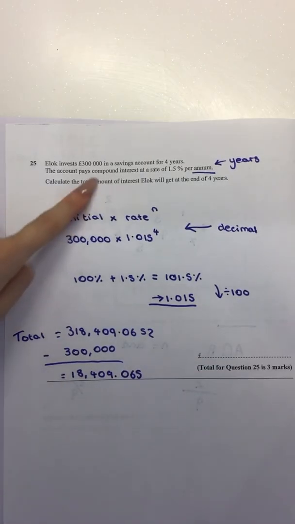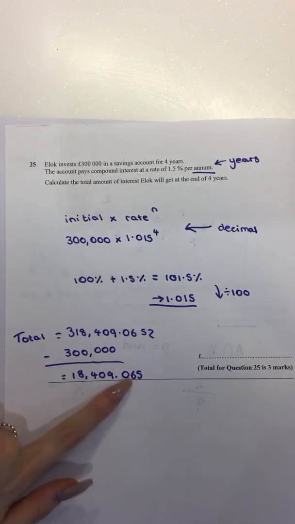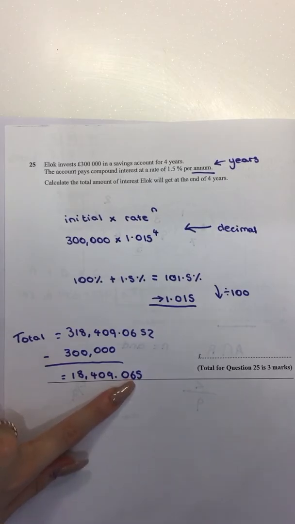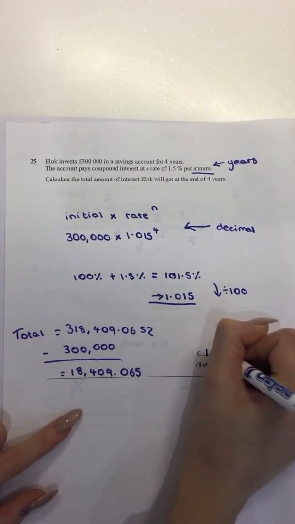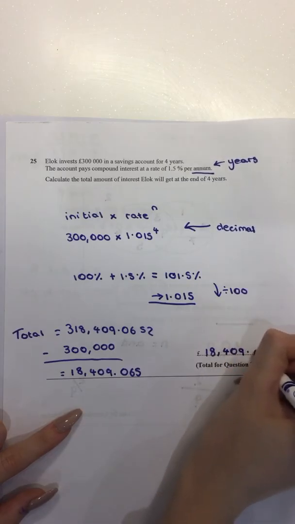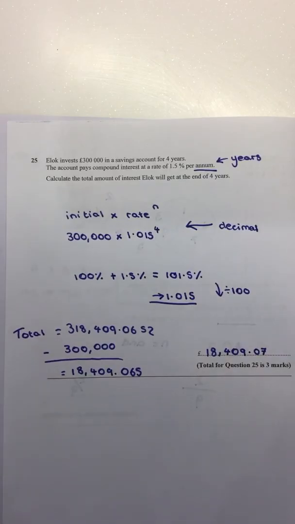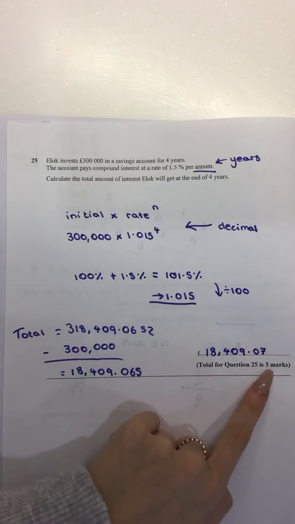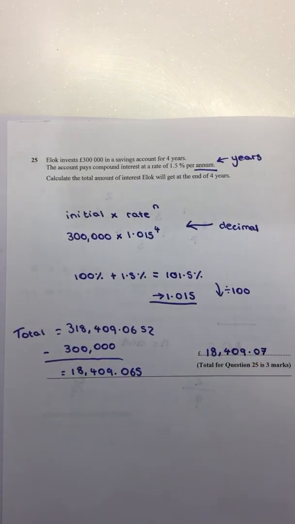Therefore, the total amount of interest, well, again, it's money, we round it to 2 decimal places. It's going to be 18,409.07.